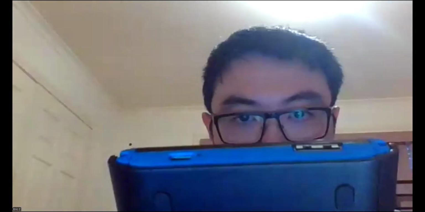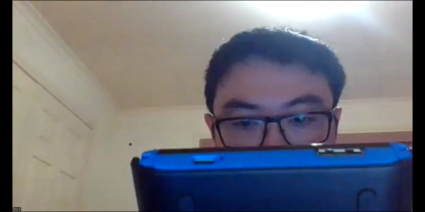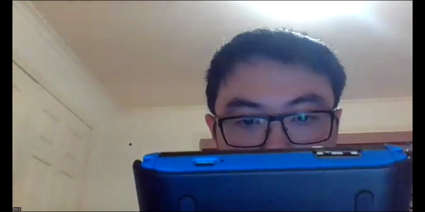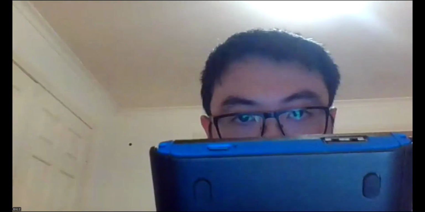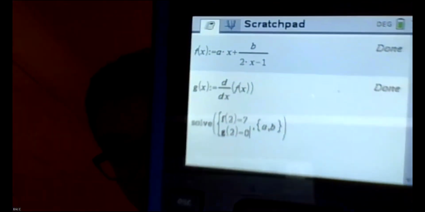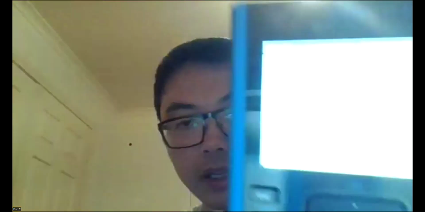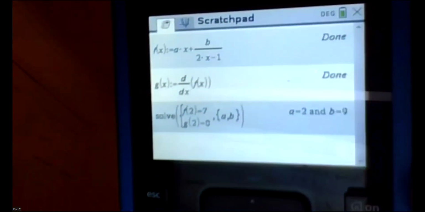The two equations as we've mentioned: when x equals 2, y equals 7, and the other one is g of 2 equals 0, because when x is equal to 2 the gradient is basically 0. You type that in and press enter.